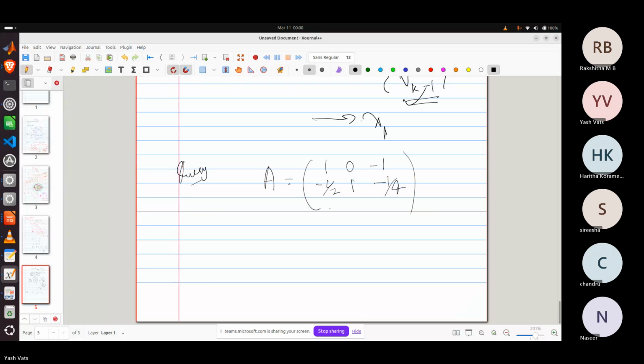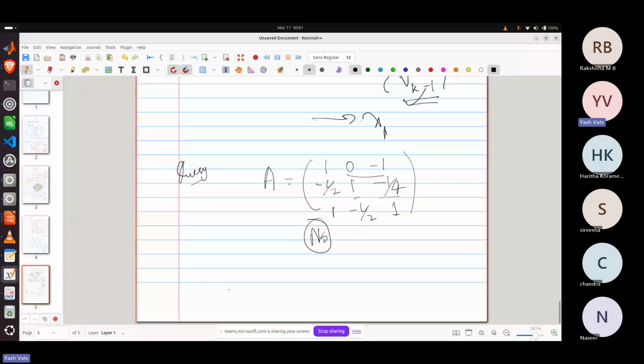The third is 1, minus half, 1. So even this is going to satisfy the necessity that it can converge for any initial condition. Is it diagonally dominant? No.